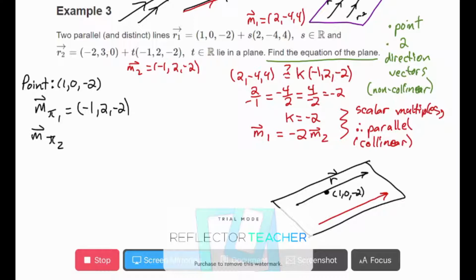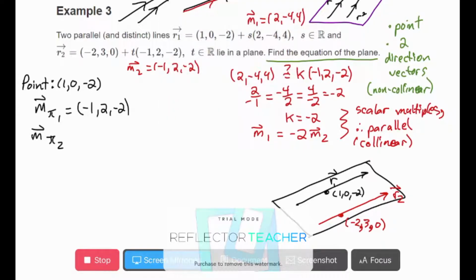So this is R2. Missed my 1 there. This is R1. And do I know any points that lie in R2? Of course I do. I know this point right here. So I'm going to have my second point at -2, 3, and 0. And because those points lie in the lines, and those lines both lie in the plane, each of these points lie in the plane.